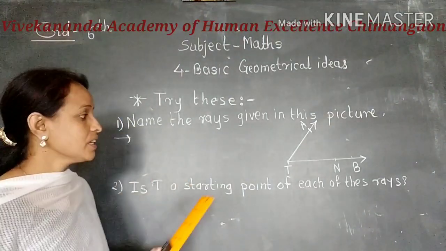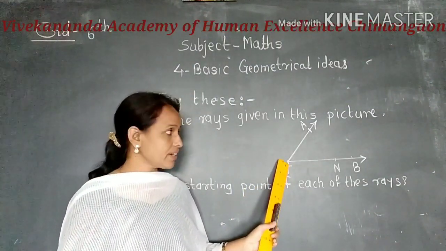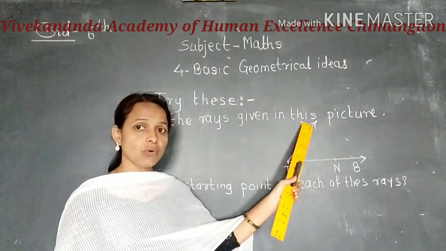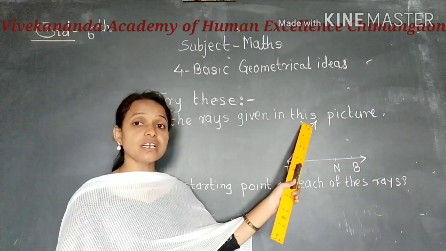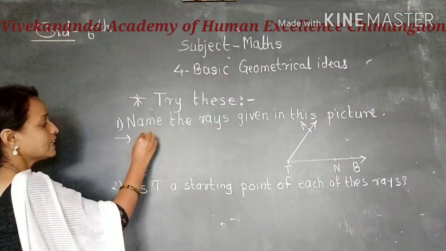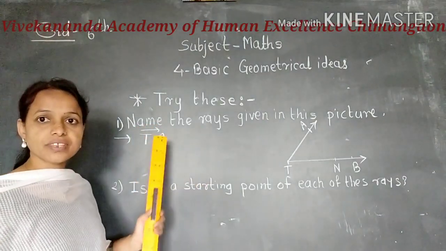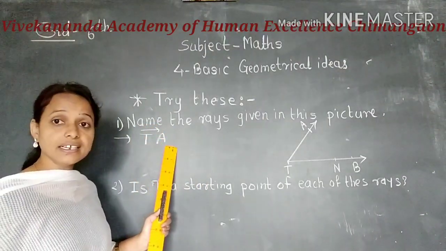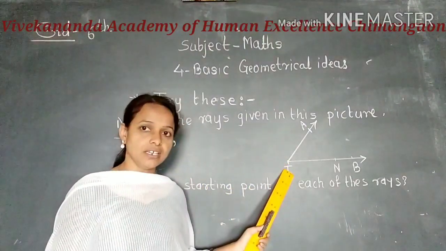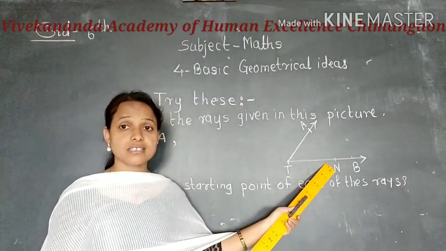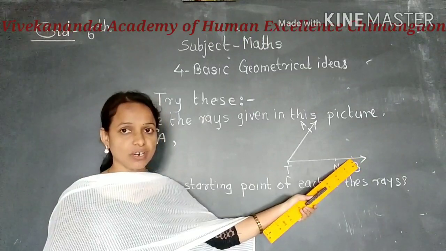So see here, T is the starting point and another point A is on the path of the ray. So this is one ray. Here, by using the symbol we can denote it as ray TA. Another starting point T and point N is on the path of the ray and it can be extended endlessly in one direction.